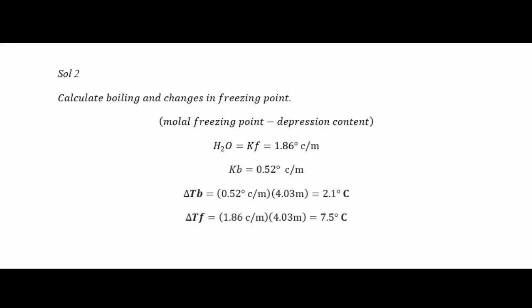Then the boiling point elevation is 0.52 degrees per molality times 4.03 molality. We will get 2.1 degrees Celsius. Then for the freezing point depression, 1.86 times 4.03, we will get 7.5 degrees Celsius.